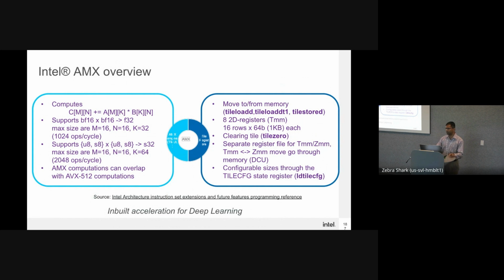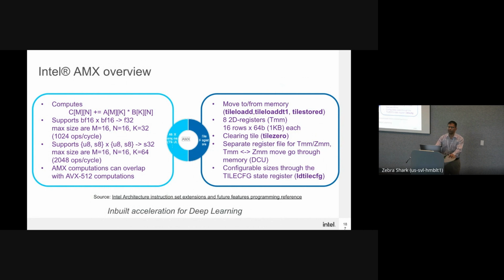Each tile is configurable by the tile load instructions, so you can have rows that are smaller than 16, depending on the algorithm, because an algorithm can be optimized for different sizes of block matrices. So depending on the algorithm, you can reconfigure the tiles to get the best performance.